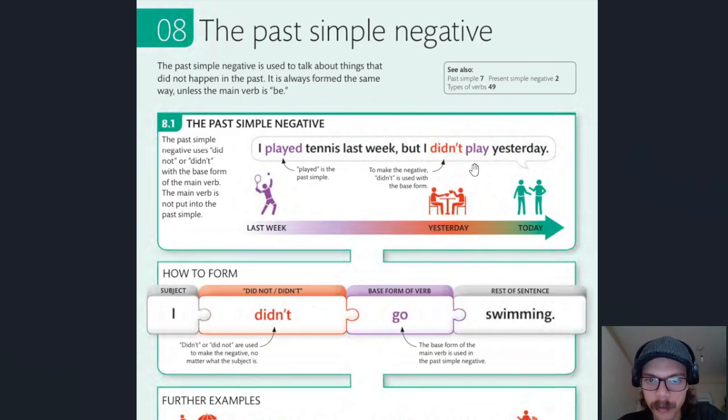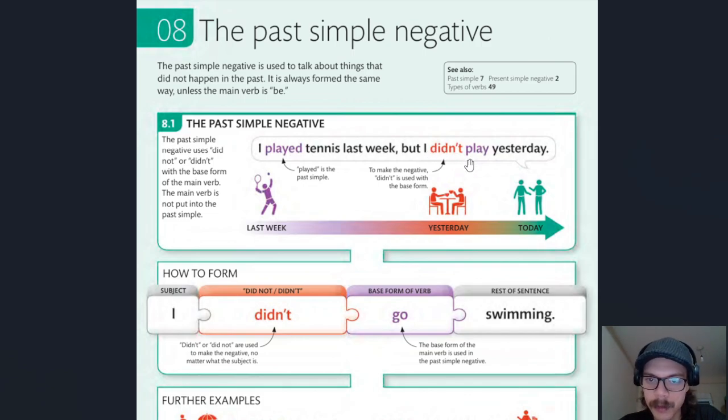So the rule for forming the negative is you add the word did, right? So these three letters, did. Then you also have to add the word not. Okay, so did not. Now, in the example, you'll see that both of those words are together because they're using what's called the contraction.